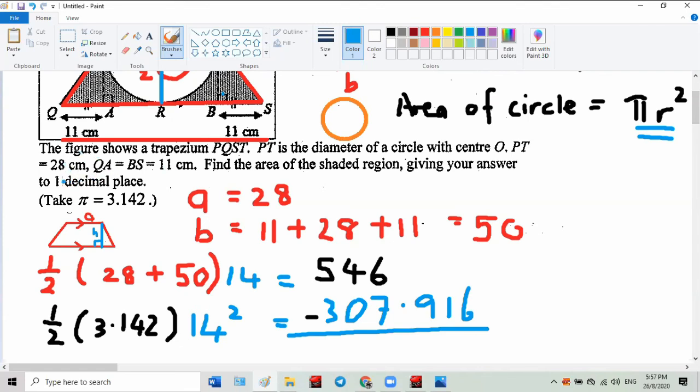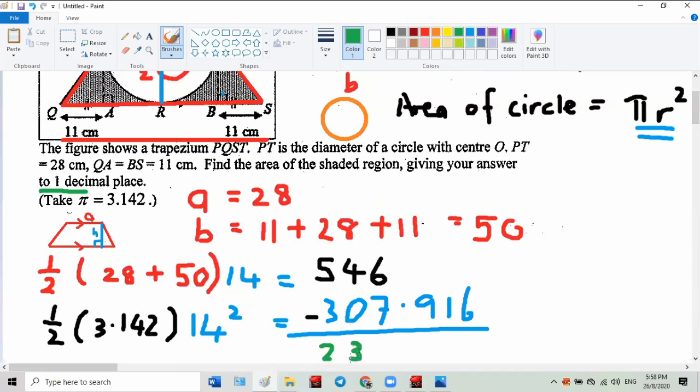But I want it to 1 decimal place. Then give me the final answer. Do you understand, people, why I need to minus? What do you have? 238.084.